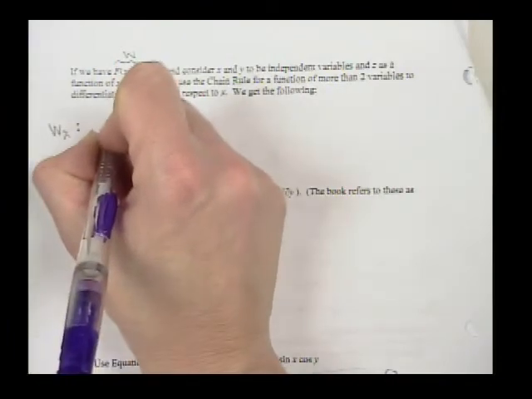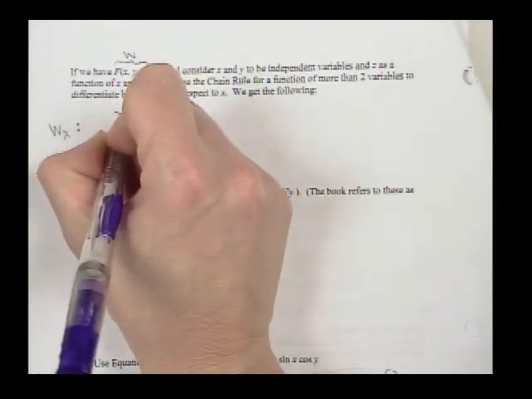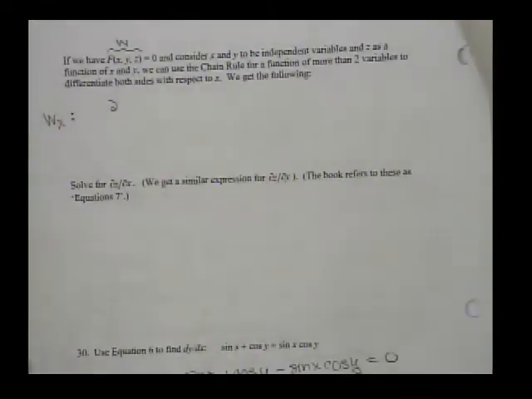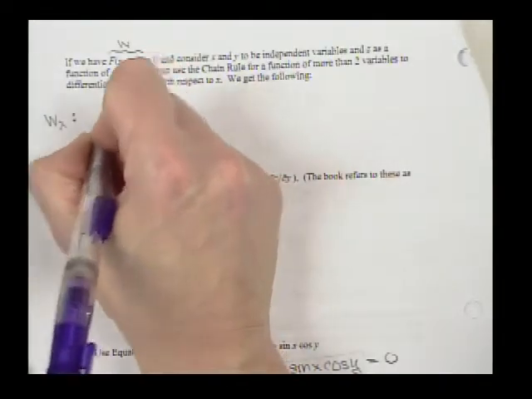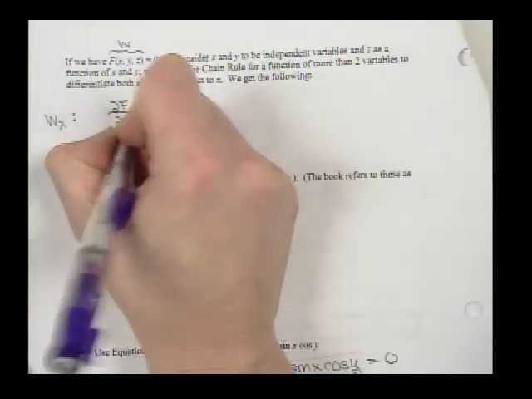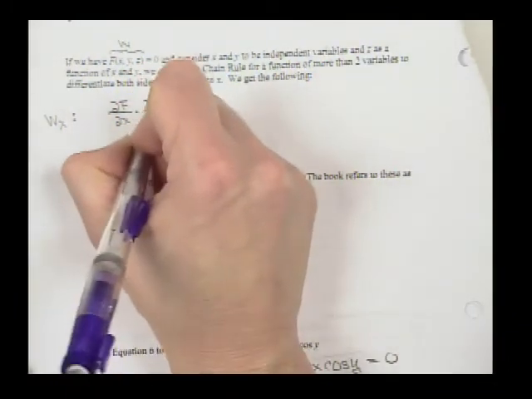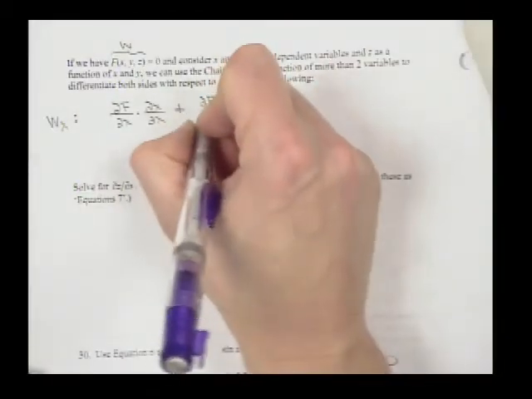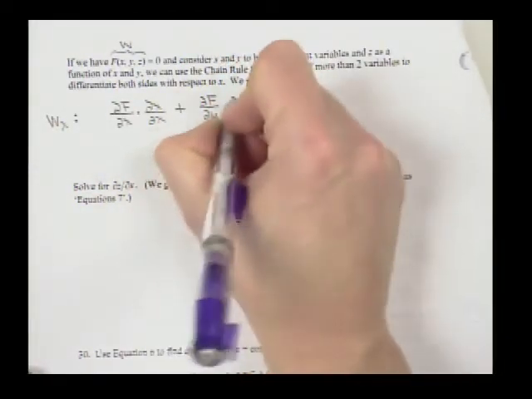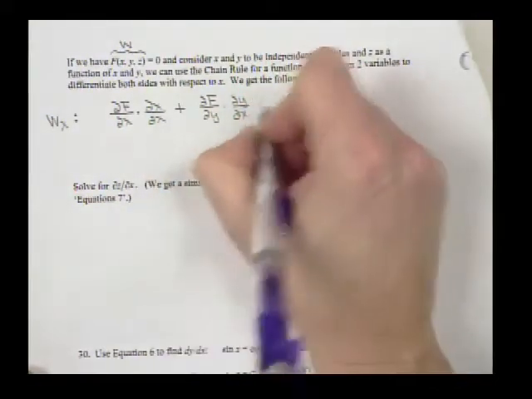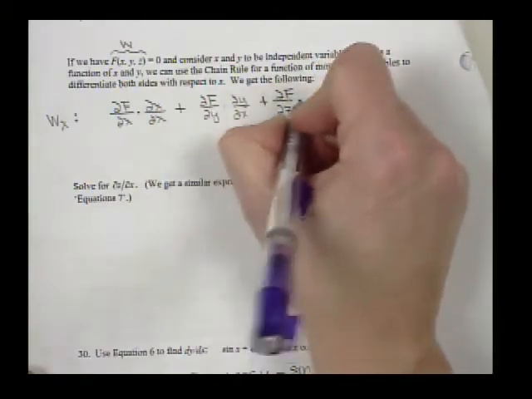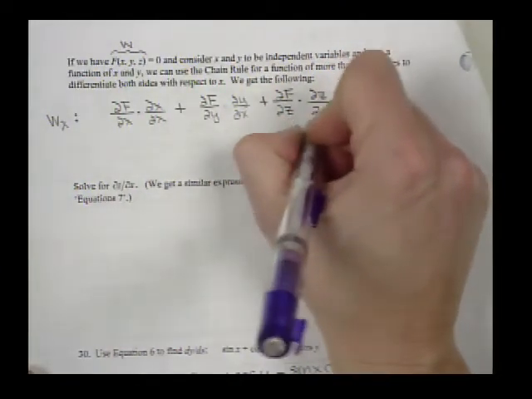So we'll do the partial of w, or the function they call f. I think the book is always going to use the f in their formula, so I'll use f with respect to x, and then times the partial of x with respect to x, plus, and then we'll move on to y. So the partial of f with respect to y times the partial of y with respect to x, and then plus the partial of f with respect to z times the partial of z with respect to x.